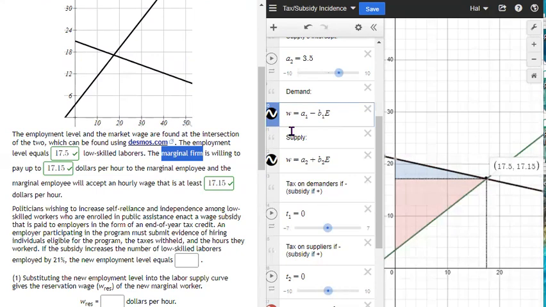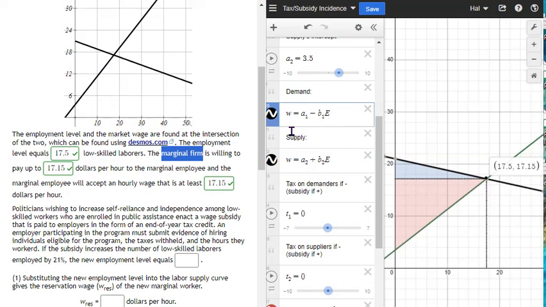And the same thing goes for the marginal employee. The marginal employee is the last worker hired. Their reservation wage is 17.15, which is the market wage. So for that last hire, the worker surplus and employer surplus are zero.